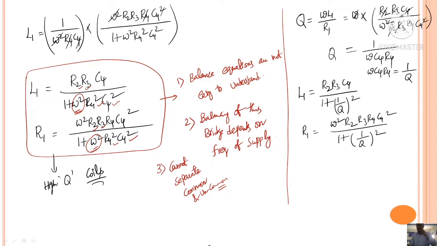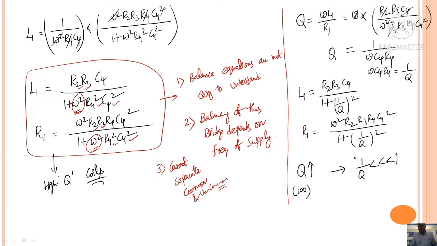Okay. So in that particular case, what actually we can do is, if the quality factor is very much higher, maybe of the order of 100, in that particular case, 1 by Q is very much less than 1.